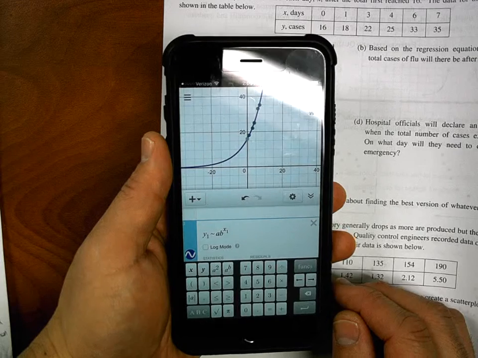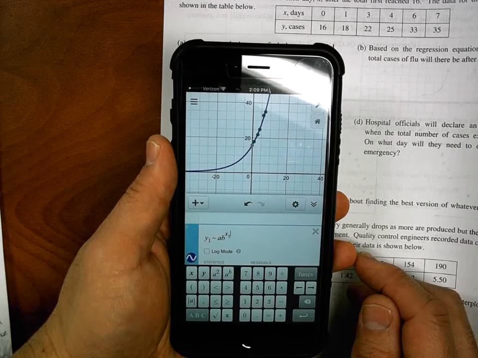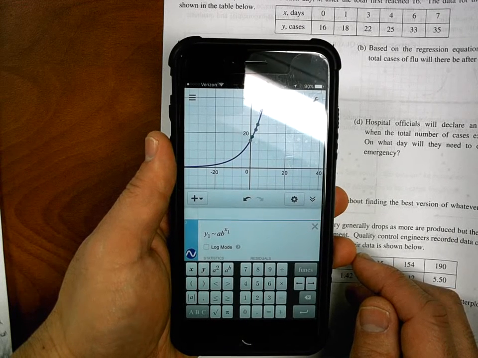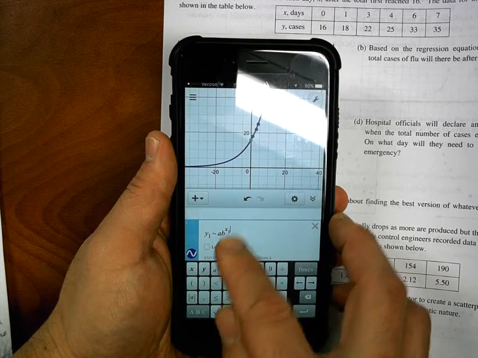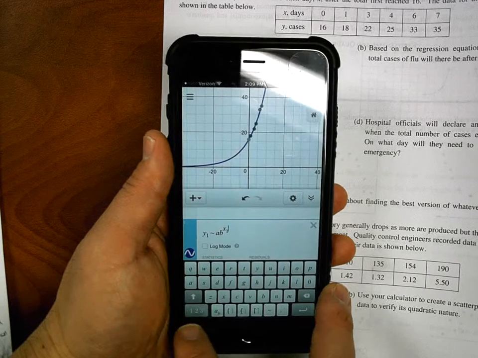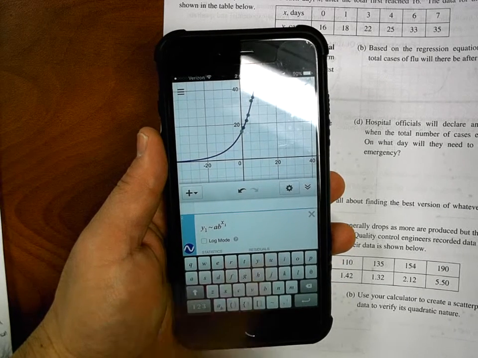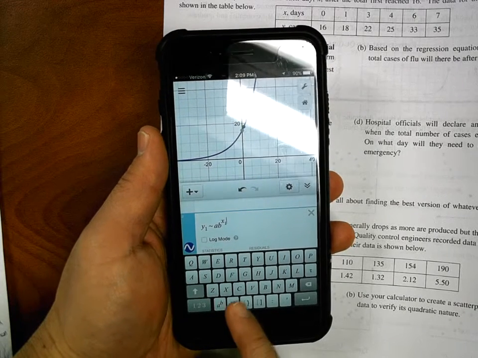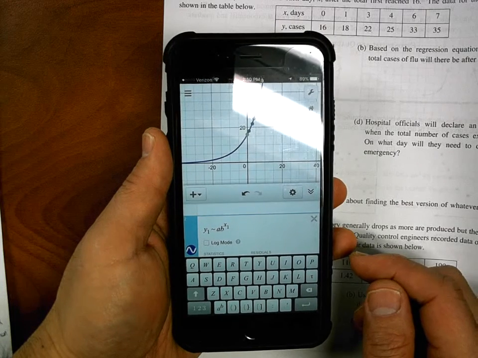There's my exponential best fit curve. Do we all get that? Again, to get that exponent up there, you have to push the up arrow for the shift to go to capital letters. So a to the b power, and then you type in your x sub 1.